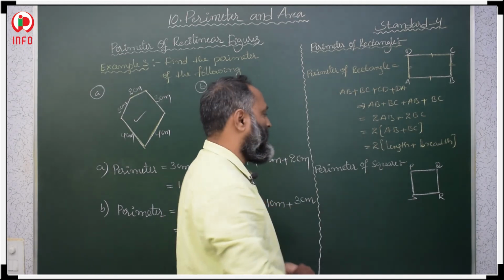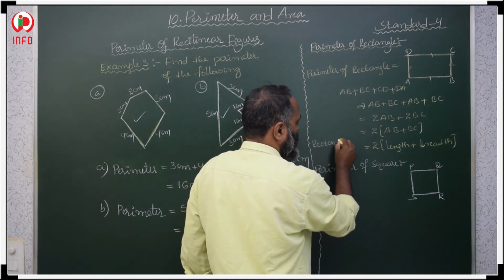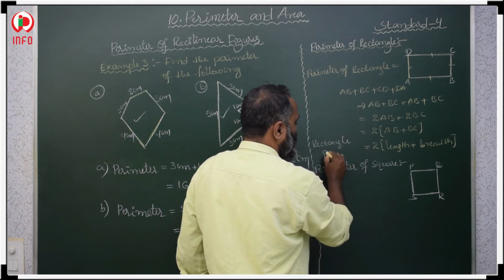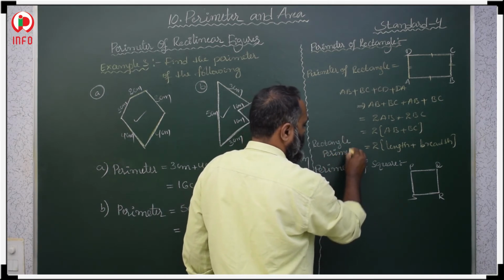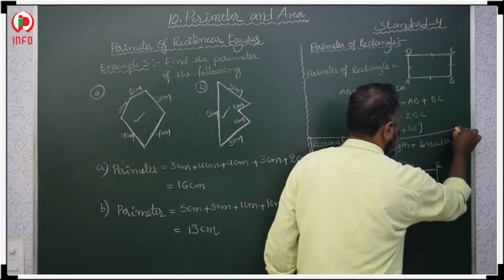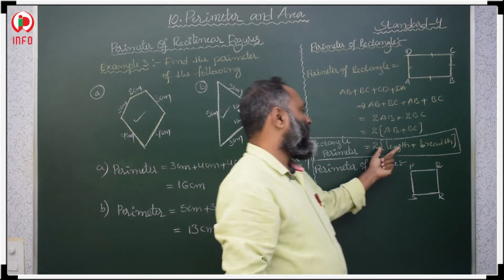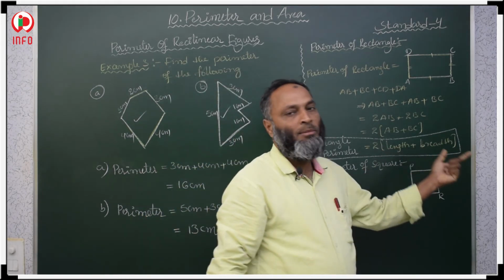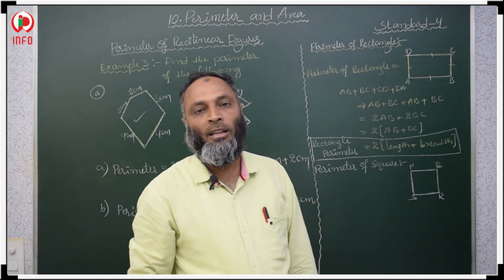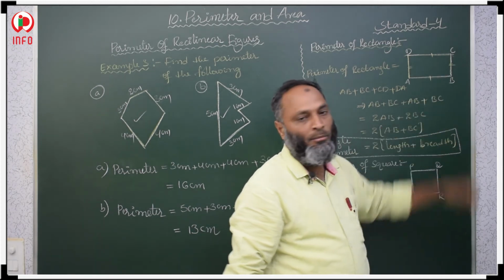This you should remember. This is our rectangle perimeter: 2 times length plus breadth.